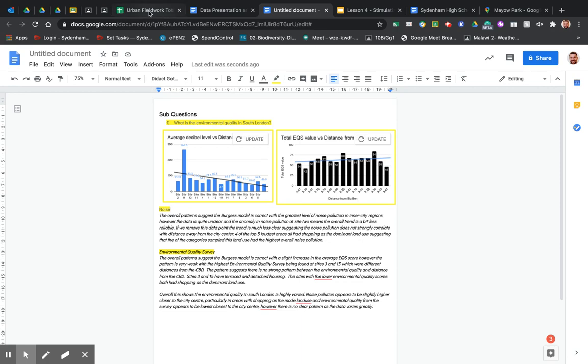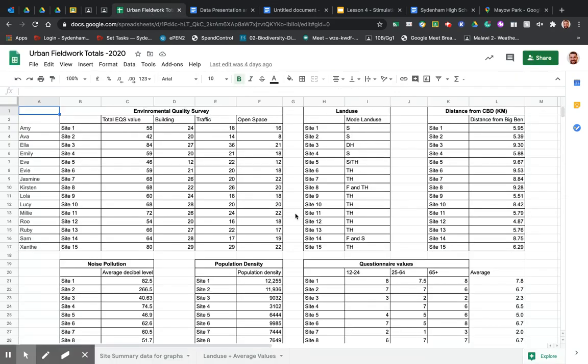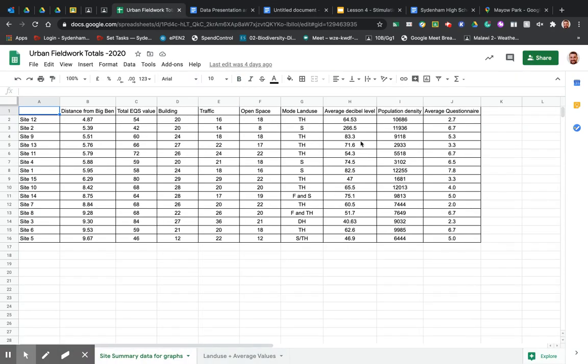If I have produced another graph, let's say I had a graph of the average questionnaire scores, I could, in theory, also include that in this section if I felt that was useful.